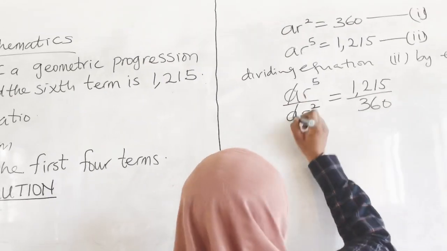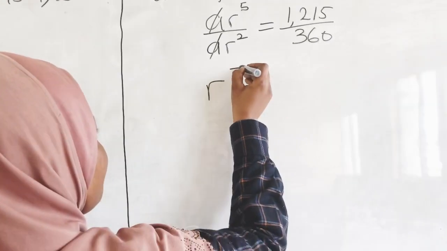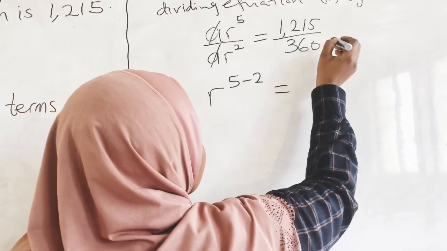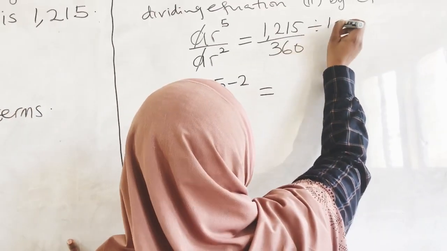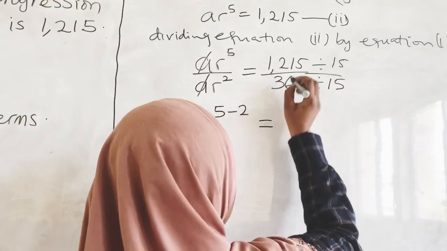So here A cancels A, so we have R raised to the power of 5 minus 2 is equal to, so we can use 15 to divide both numerator and denominator.